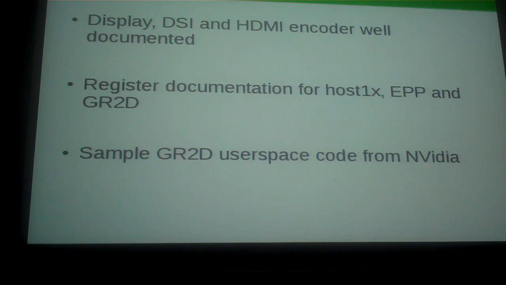So everything that's not documented, there is no chance to get any code. So what NVIDIA did right is we got sample code how to use the 2D engine. So we know how to use the interfaces that are added with the code that NVIDIA provided for the kernel. So we can look at this and see what it does.